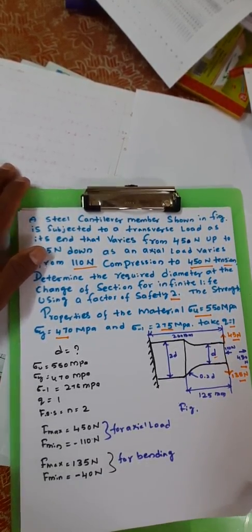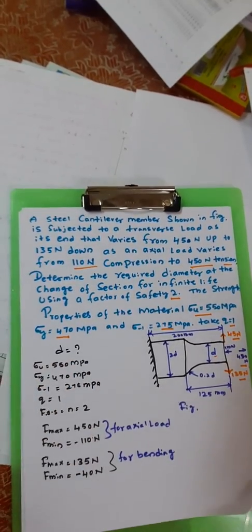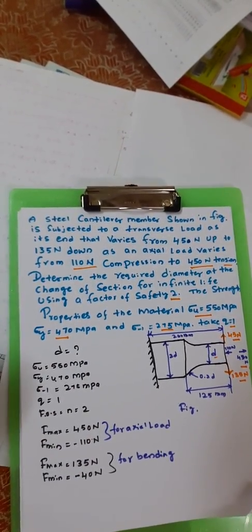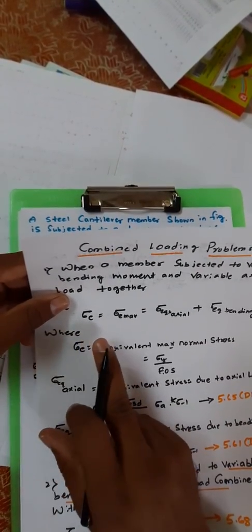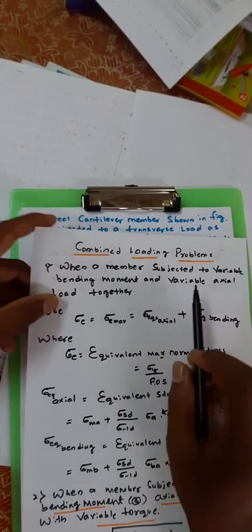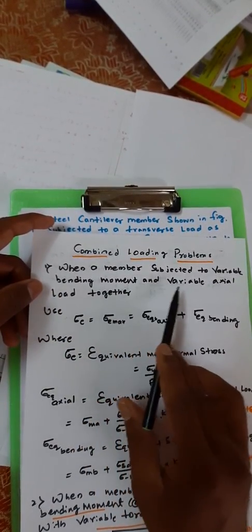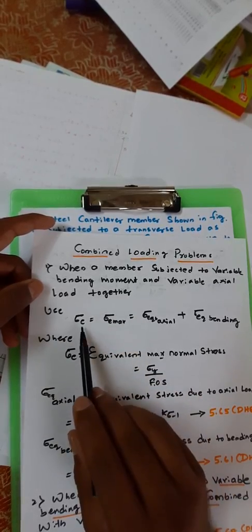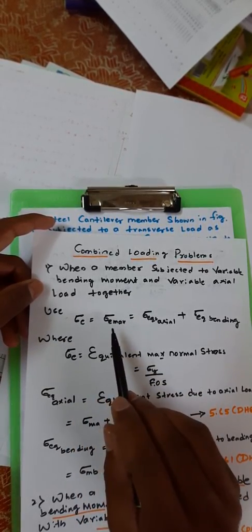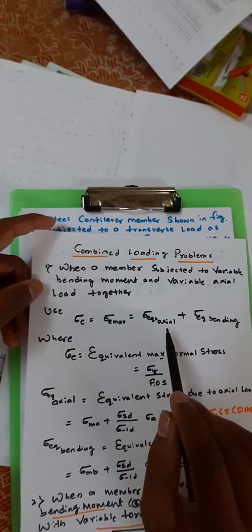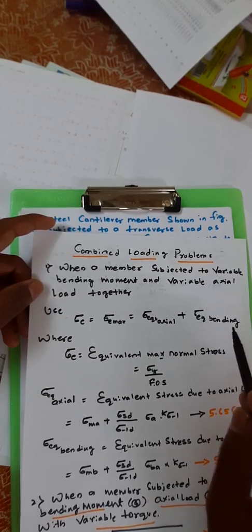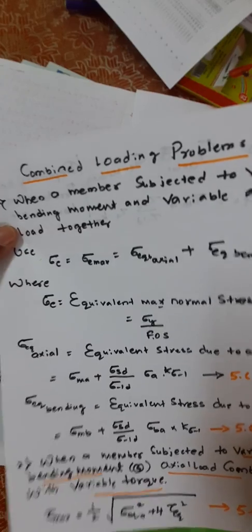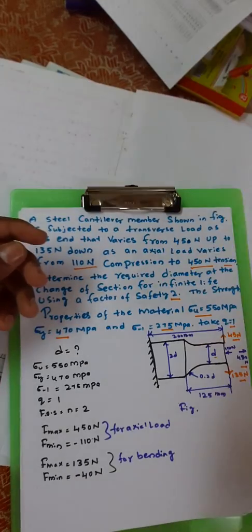Here for the combined load condition, we already discussed the equation in the previous class. If the member is subjected to variable bending moment and variable axial load, at that time we need to consider sigma equivalent, that is sigma E max, equal to sigma equivalent axial plus sigma equivalent bending, which are equation number 5.65 as well as 5.61 from the design data handbook.